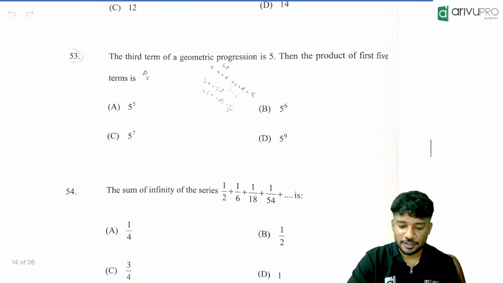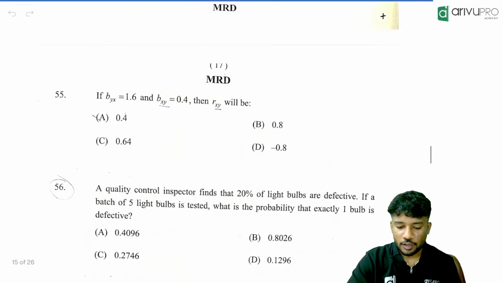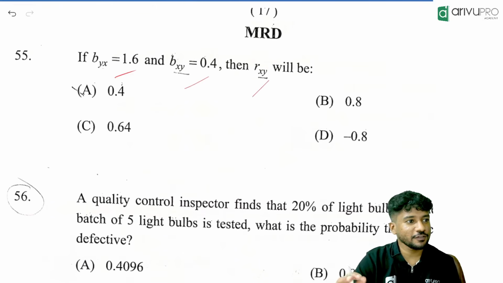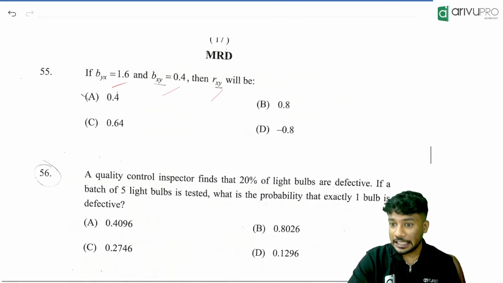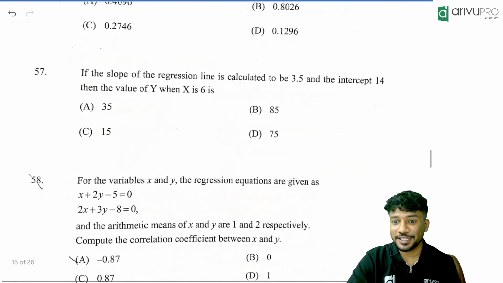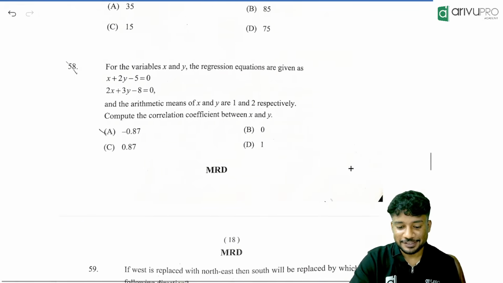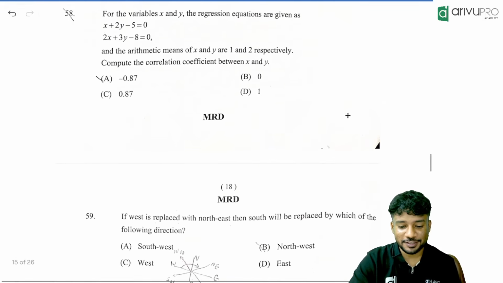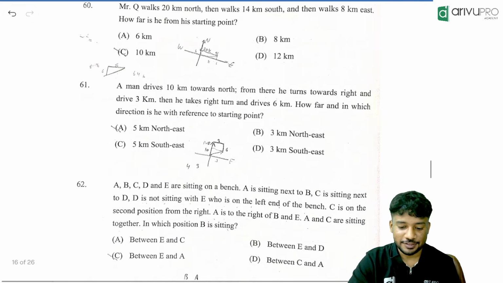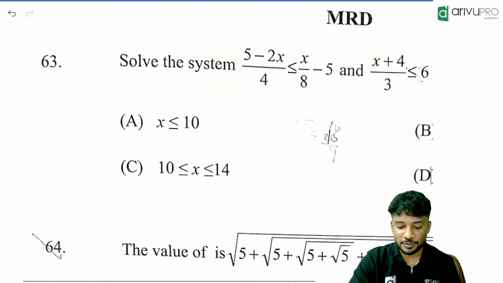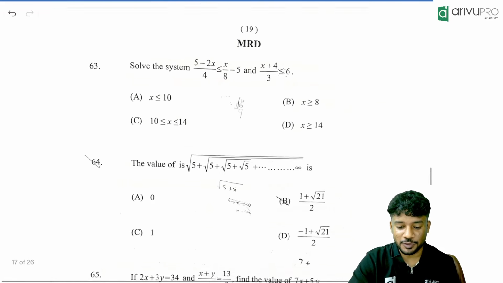Yes. Very good question paper it was. Regression coefficients are given. Can you find the correlation coefficient? Yes, root of bxy into byx. Regression equations are given. You need to find the mean. How to do that? Substitute over there. You will get the answer. Very good question paper. The same question paper we did in class also, the same type of questions.